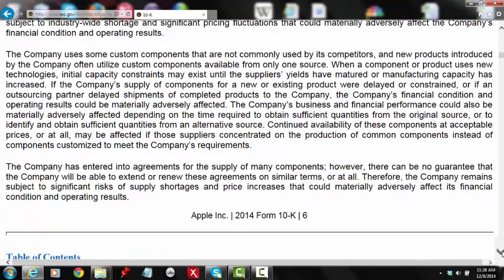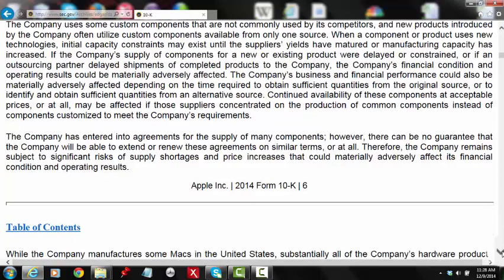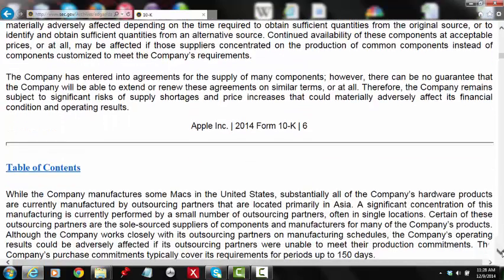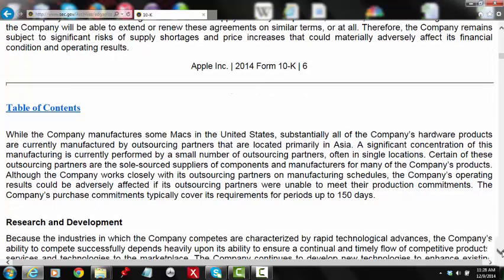So again, no specific information, but it's just given general issues with the supplier. Sorry. So it says while the company manufactures some Macs in the United States, substantially all of the company's hardware products are currently manufactured by outsourcing partners that are located primarily in Asia.